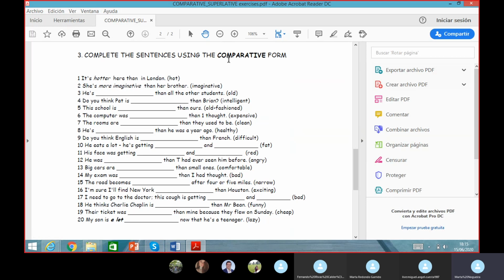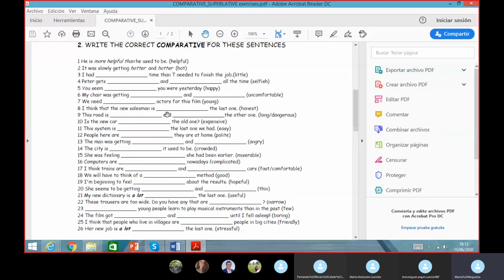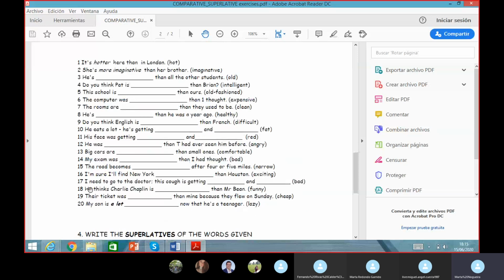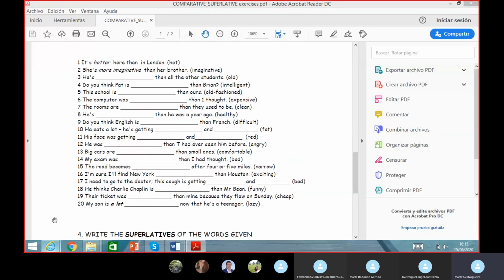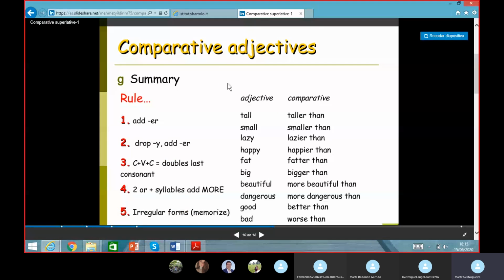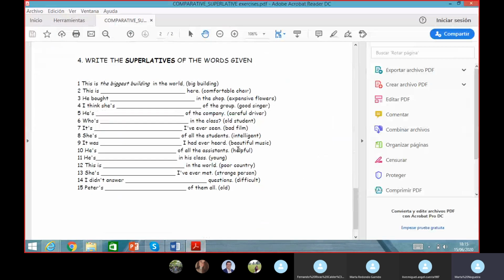So, guys, I'm going to give you time to do this whole exercise, and then we will be correcting it. This is exercise 3. Don't be confused with exercise 1 because I've got more exercises here, but I want just to do this one, 3, which is comparative. Then I will explain to you the superlatives, and we will do the superlatives.